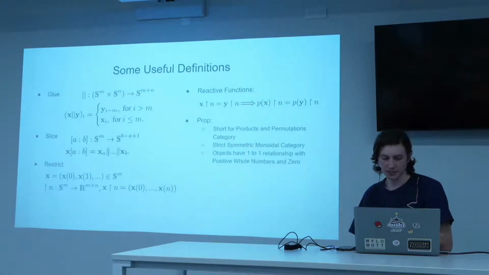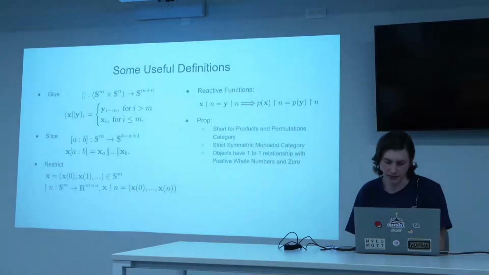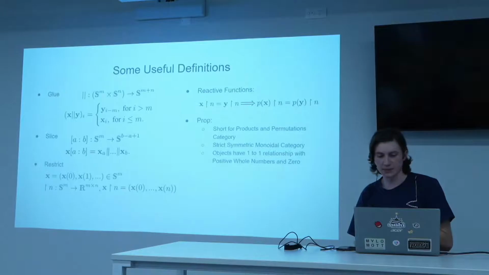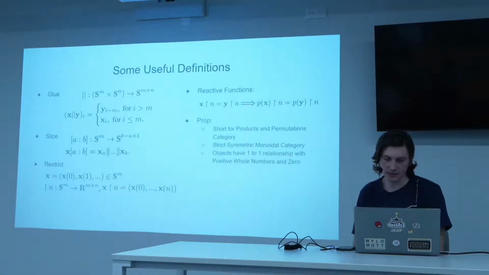A product and permutation category is just a strict symmetric monoidal category, and I'll explain what strict and symmetric mean very soon. Furthermore, there needs to be a bijection in this prop between the category's objects and the positive integers, in my case including 0.